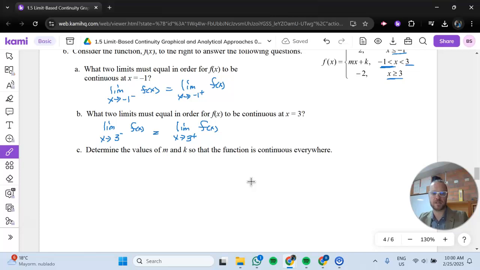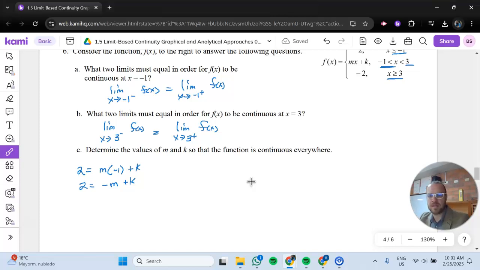So let's take these two first, the left and right of negative 1. Well, the left was simply 2, and the right was mx plus k, but we're going to do it at negative 1. So that means it's going to be m times negative 1 plus k. I'm going to rearrange that a little bit because it's not really easy to read that way. Then we're going to do the next two, which are the ones at 3.